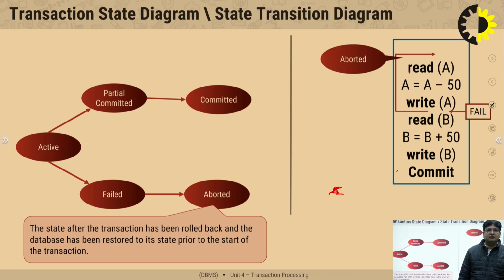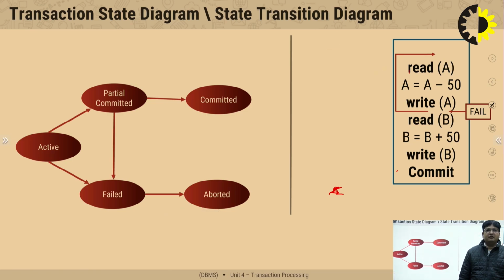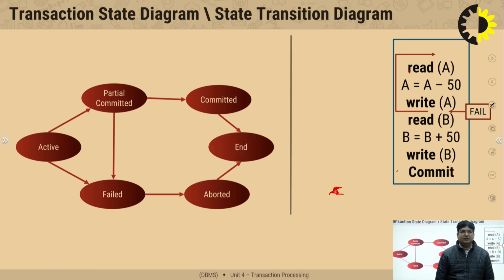So, the transaction will end in two ways: either it will be successful, that is the committed state. In failed state, a transaction can come from active state directly to the failed state, or from partially committed state to failed state, it can also be there.